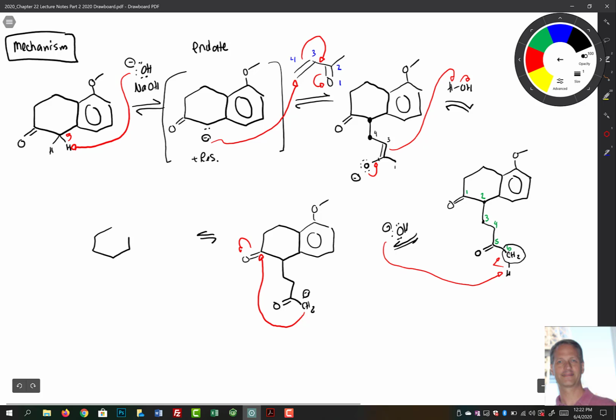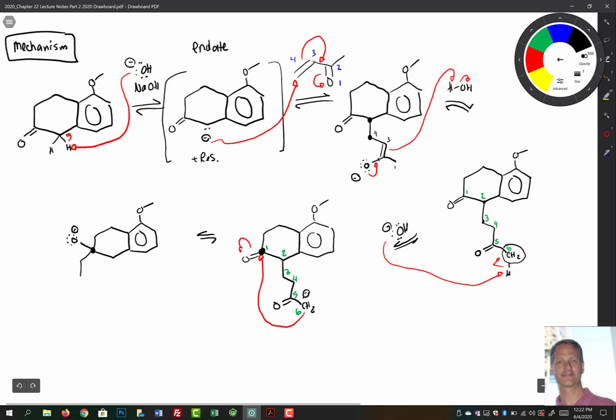So the original skeleton looks like this. Now we know that this carbon right here is that carbonyl, so we can at least write an oxygen there with a minus charge. We also know this: 1, 2, 3, 4, 5, 6. So we know we have a 6-membered ring there, so we can draw a ring.